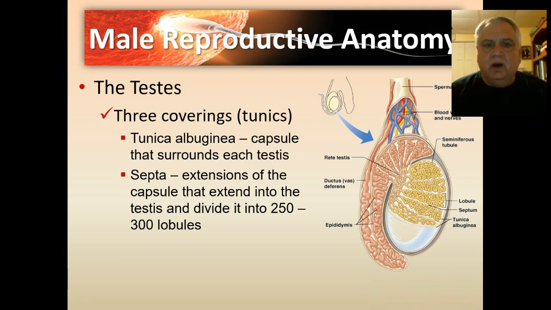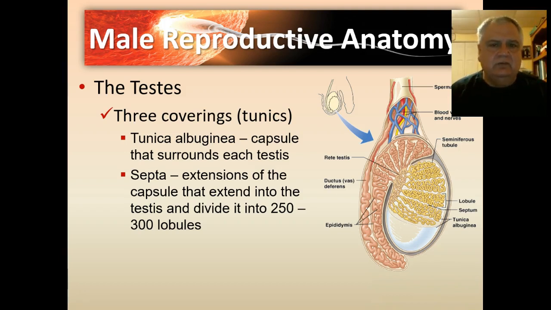The tunica albuginea, the white capsule, will have extensions in toward the middle of each of the testicles. These are similar to the extensions that we see in the kidney and that we saw in the lymph nodes. These extensions are called septa, and they divide the testis into regions called lobules.